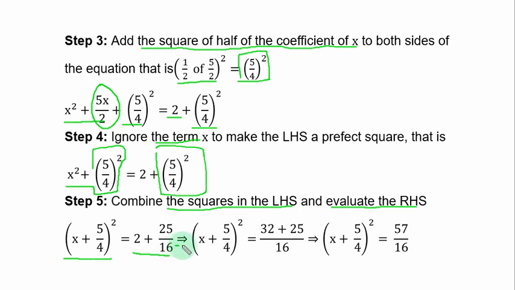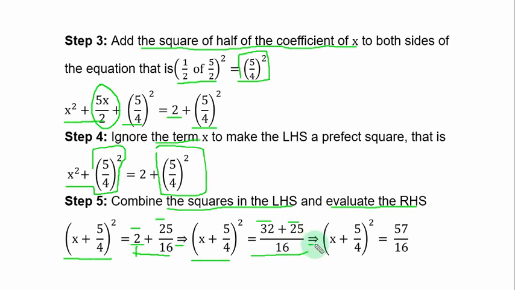So this implies that the left hand side is equal to this. You write 2 as 2 over 1. The LCM is 16. If you divide 16 by 1, you have 16 times this 2. That is how here is 32. If you divide 16 by 16, you have 1 times 25, this is 25.